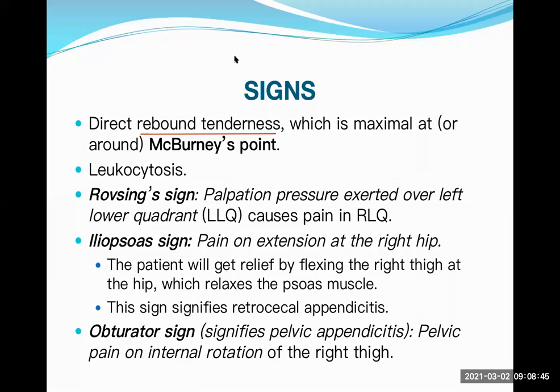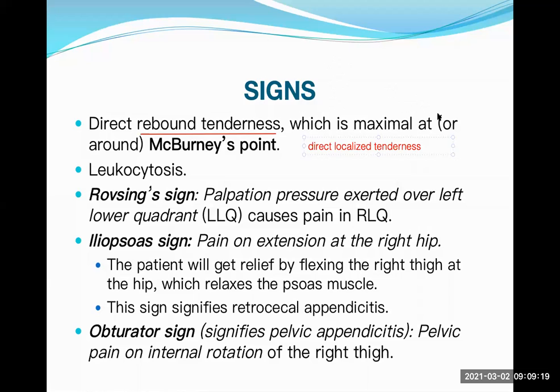Now there are 2 types of tenderness. One is called direct, localized tenderness. Now, what does that mean? Whenever I press that area, the patient feels pain because it is inflamed. And another one, when I remove my hand from that site after pressing, the peritoneum will jump back to its original position.